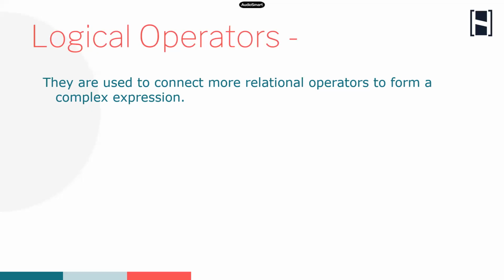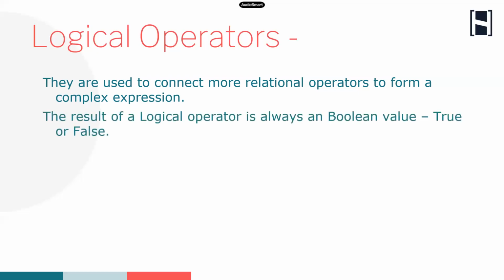Now what you have to remember is that whenever we make use of the logical operators, the result of the logical operator is always going to be a Boolean value. Boolean value means we are either going to get the result as true or false. And remember, in C language, we do not have any keywords or constants called true and false. We have only number representation.